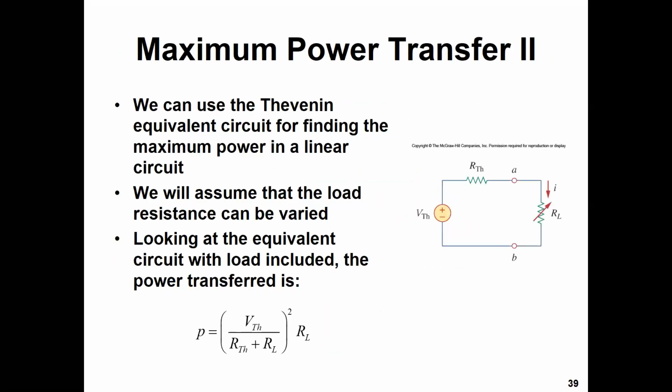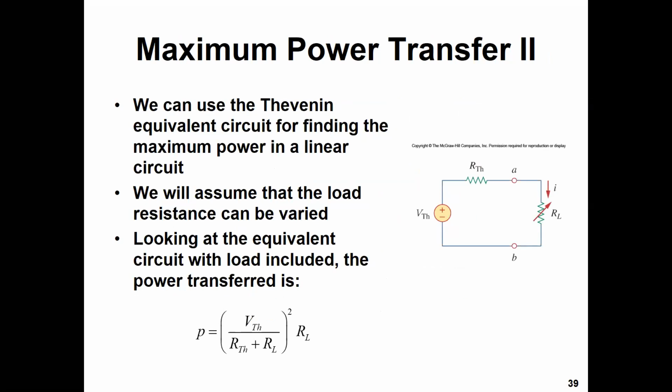Okay, so basically we are not going to do many new things concerning the equations or how to solve the circuit, how to find RTH, VTH. We will follow the same steps as in the previous sections.